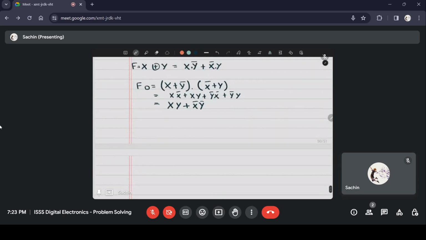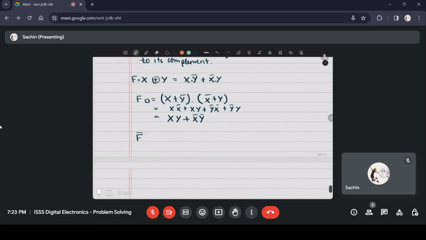That's the dual. The complement is xy prime plus x prime y complemented using De Morgan's law. You can write this as (xy prime) complement and (x prime y) complement.